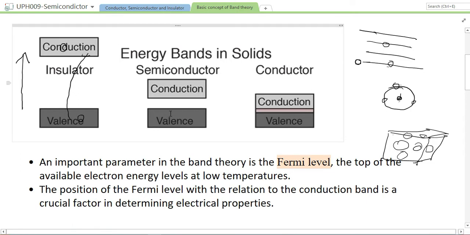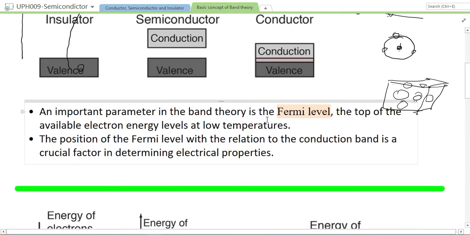Through doping, you can change the environment, you can change the band structure, and you can make some electrons be in the conduction band at normal temperatures, and it can allow some conduction of electricity. But in case of insulators, this gap is so large that it cannot allow any flow of electricity, right? So that's one way of looking at it.